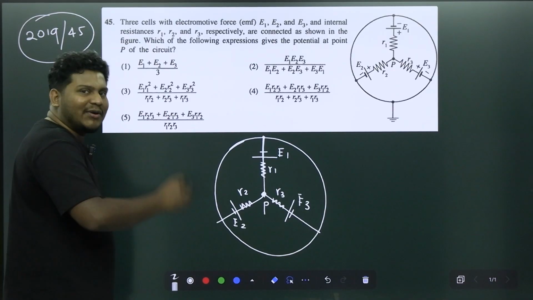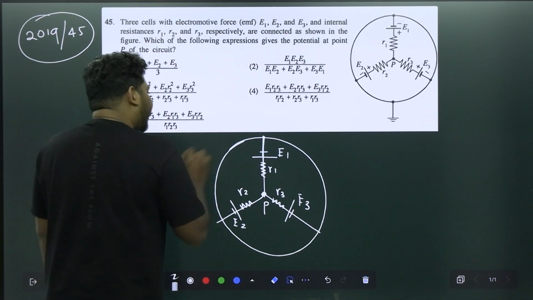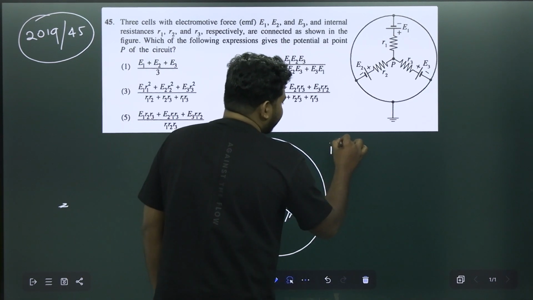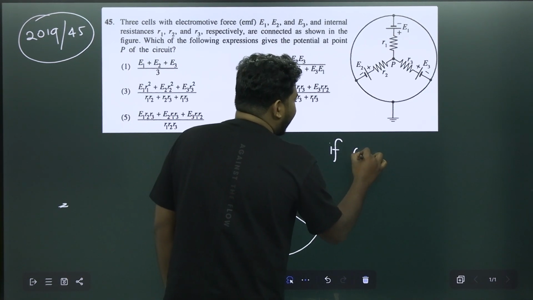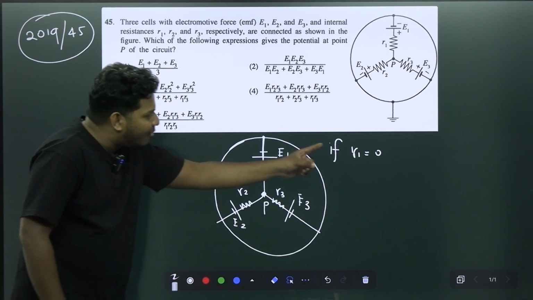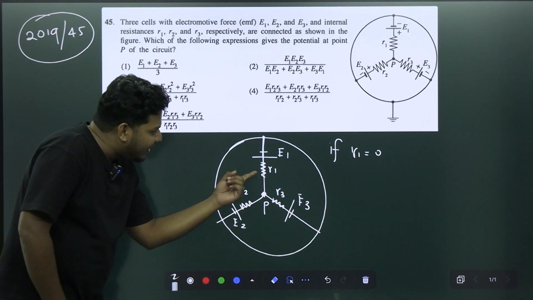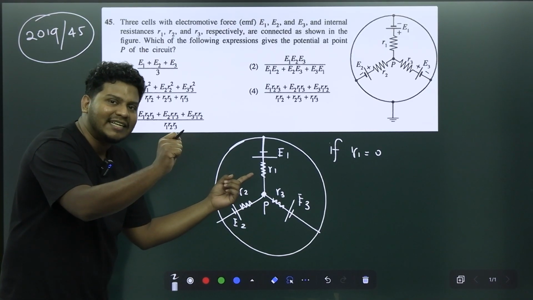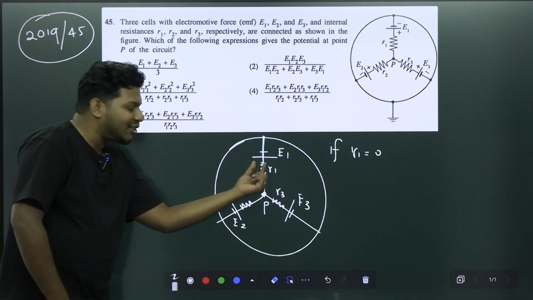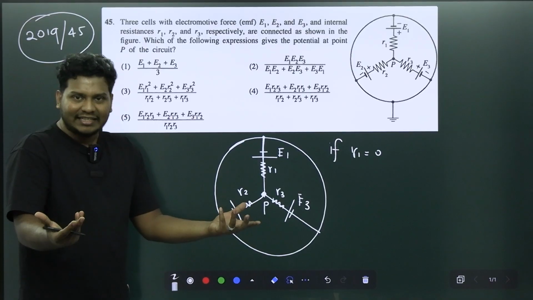What I am asking you here is, guys, in this circuit, if R1 is equal to 0, what does that mean? It means there is no resistor here. 0 means nothing, no, guys.